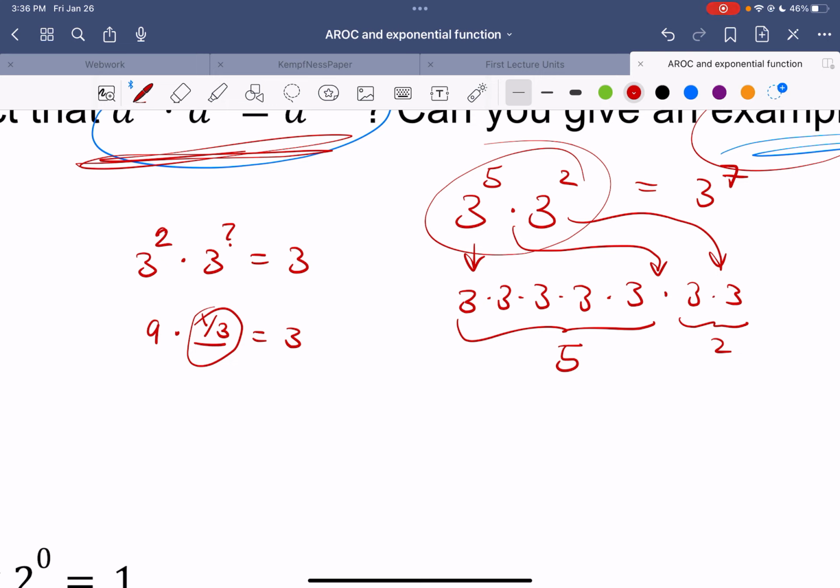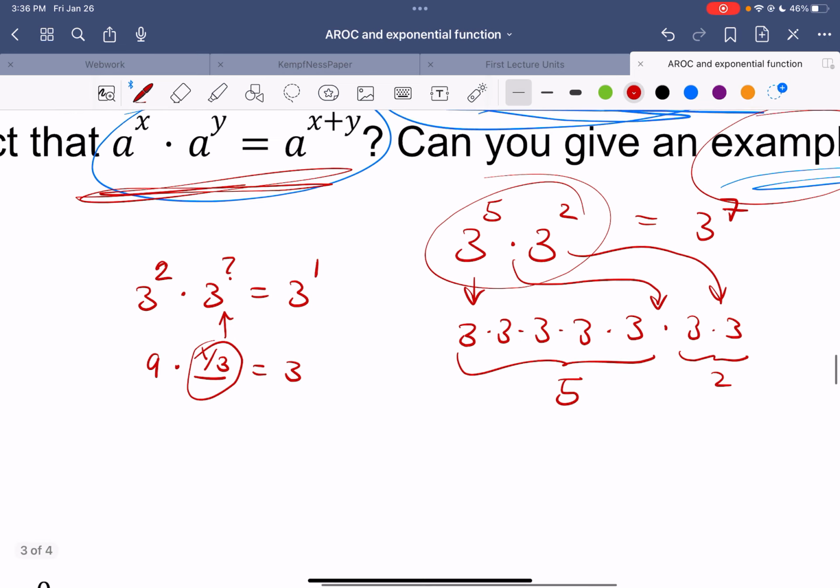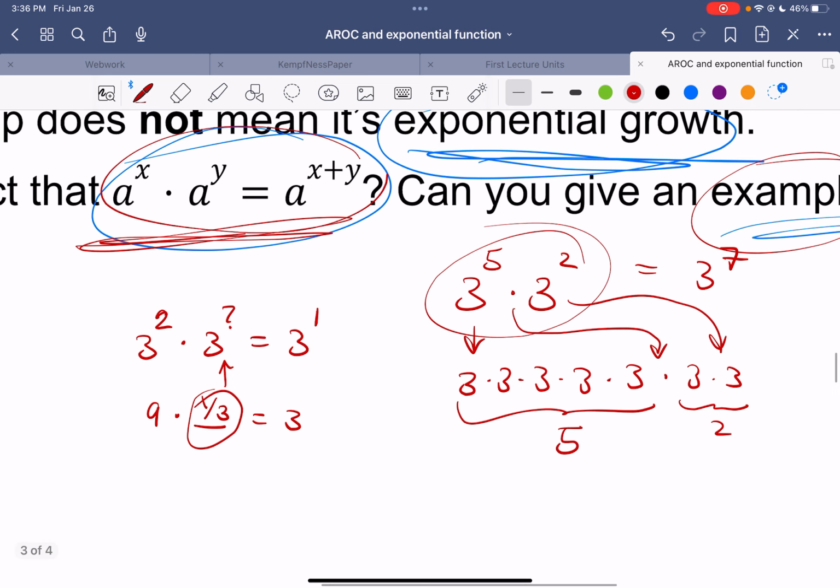And so then the real question is, how do we get from here to writing 1/3 as 3 to some power, okay? And you're probably comfortable with the fact that 3 is the same thing as 3 to the 1. So now let's use this property, right? So the number 1, this exponent right here, should be what you get when you do 2 plus question mark, right?